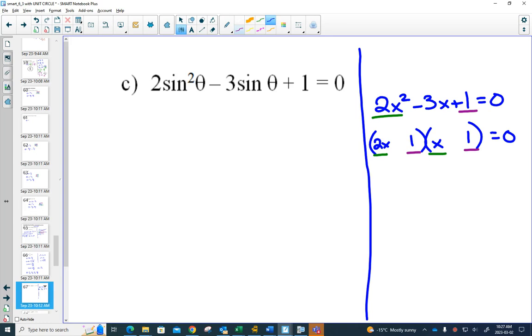And finally, when we're multiplying this out, we have to decide, are they going to be plus 1s or minus 1s? Well, in order to get a plus 1, they either both have to be positive or both have to be negative. And remember how to multiply this out.